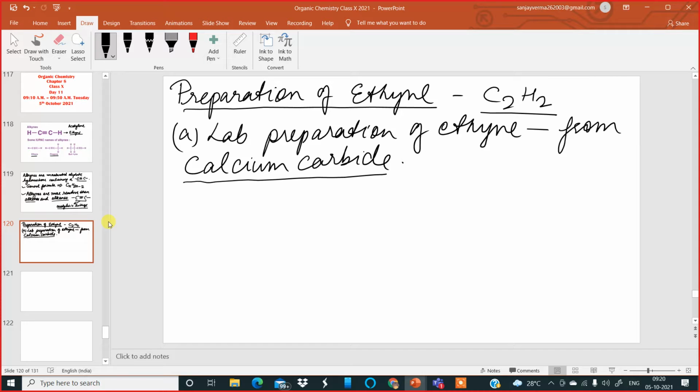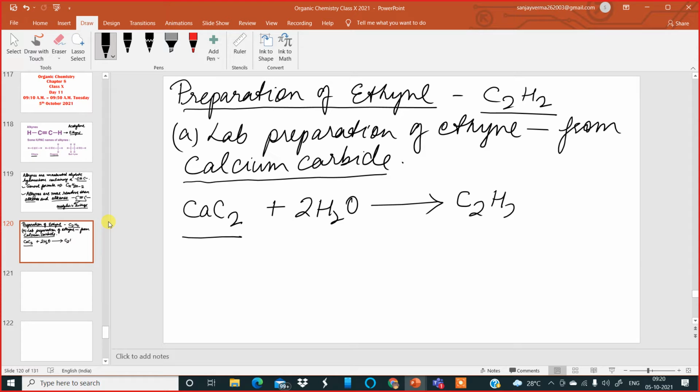Now the reaction over here, calcium carbide, CaC2. The formula of calcium carbide is CaC2. When calcium carbide is treated with water, the reaction happens to give ethyne, C2H2, plus calcium hydroxide formed as a byproduct.